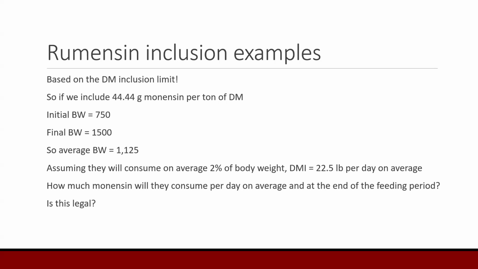So what do we need to do first? The question is, how many milligrams of monensin will that animal eat per day on average across the whole feeding period? So 44.44 divided by what?